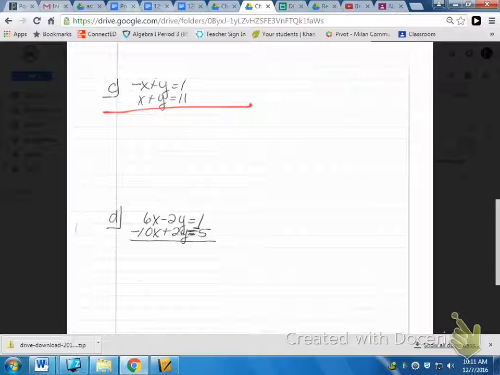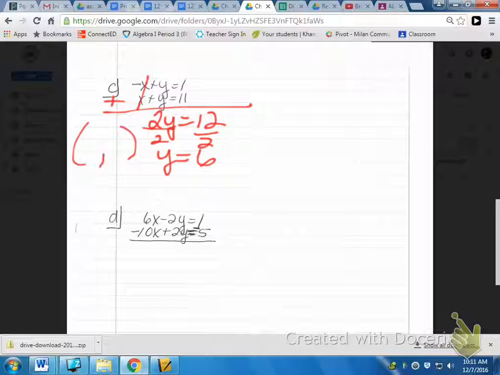So if I add, these x's are going to fall out, and I would get 2y equals 12. Divide by 2, y equals 6. So half of my solution has y equaling 6. I'm going to take this 6 and put it back right here. x plus 6 equals 11.